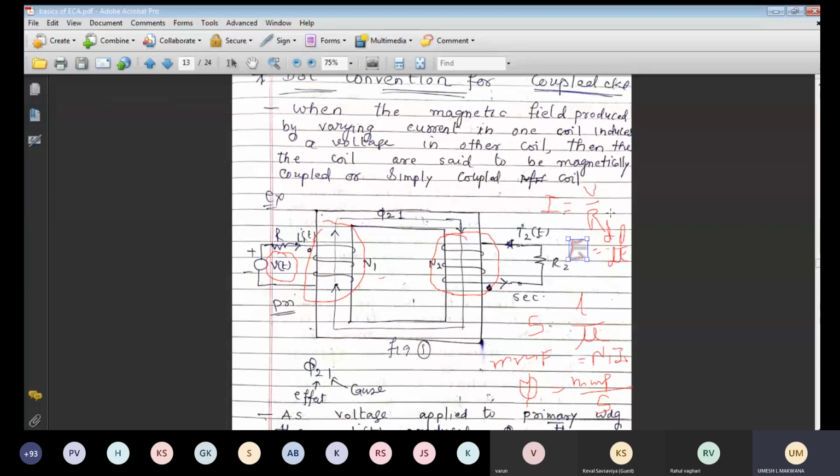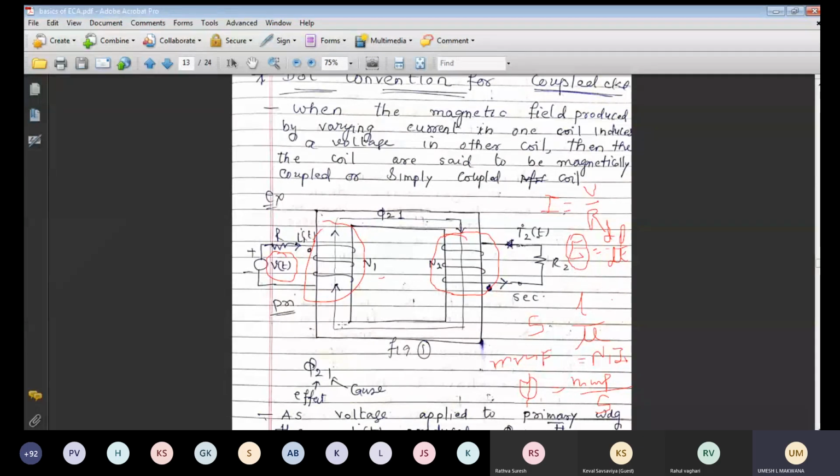This EMF is produced because of the magnetic circuit, because there is no electrical connection in between. So this EMF is known as mutual induced EMF.